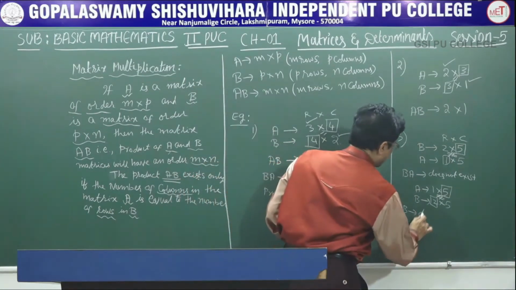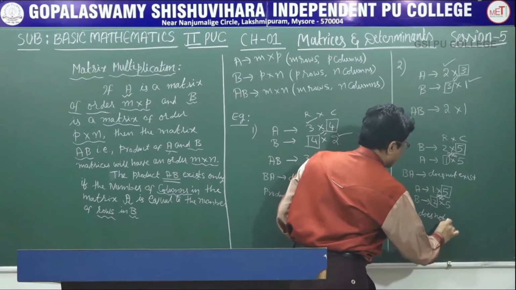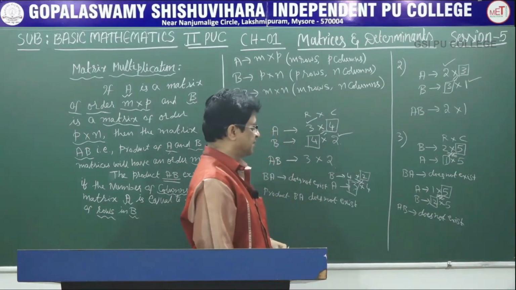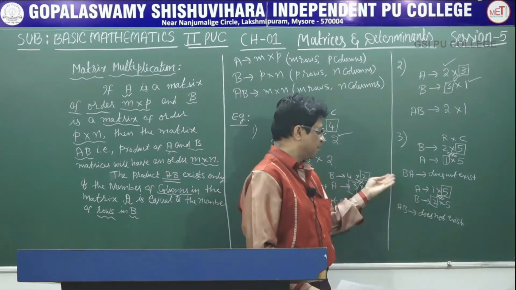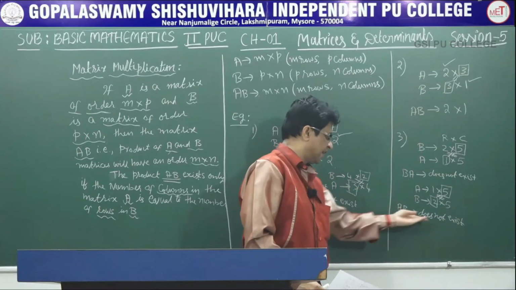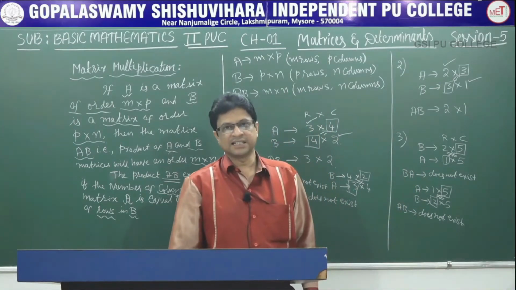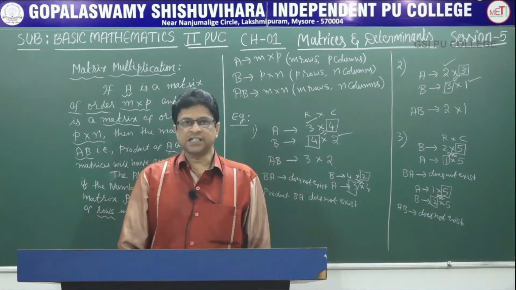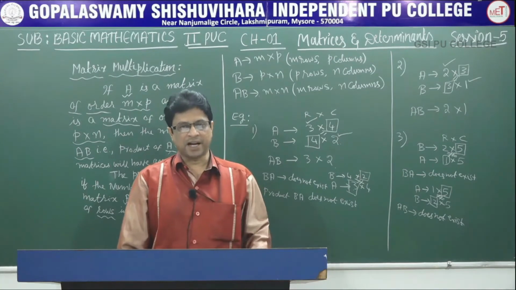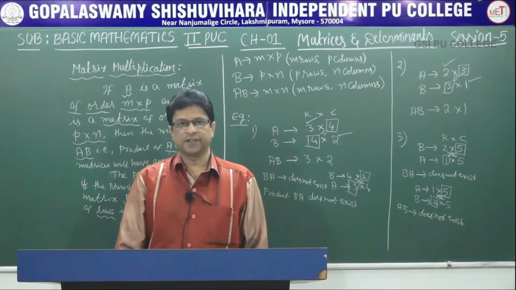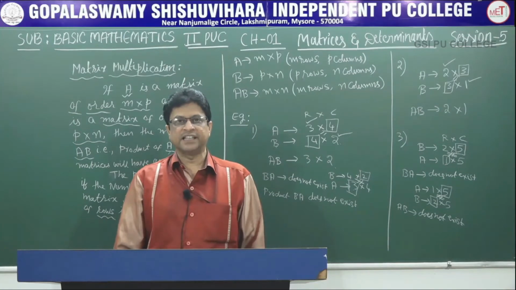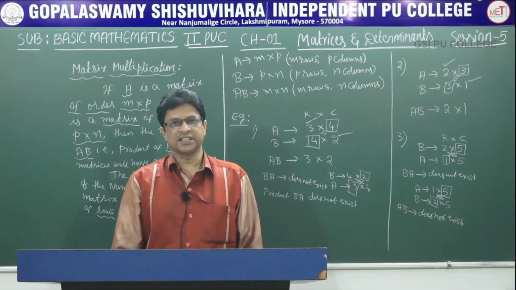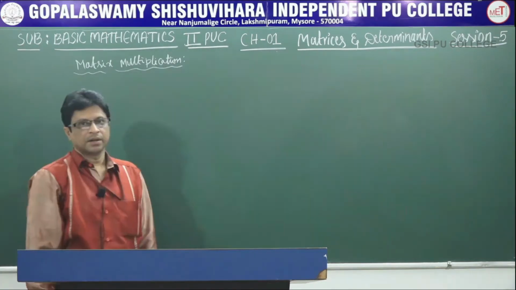Therefore, the AB matrix does not exist. So, in this case the BA matrix also does not exist and the AB matrix also does not exist. That means it is clear that multiplication of two or more matrices is possible if and only if the number of columns in the first matrix is always equal to the number of rows in the second matrix.